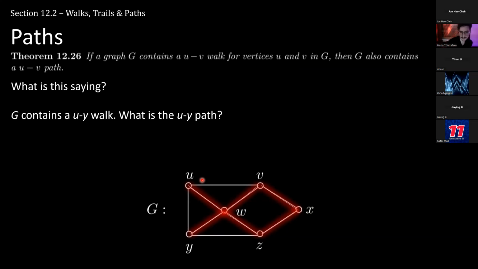Not quite right. Yeah, UI is a path, but what is a UI path that is guaranteed? Okay, there we go. So UY is a path that is guaranteed by the existence of the fish.